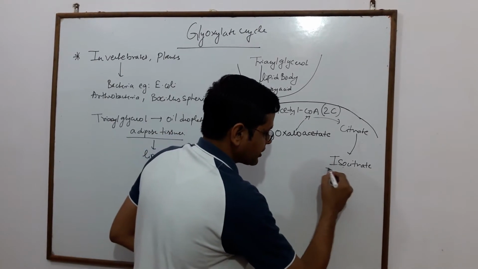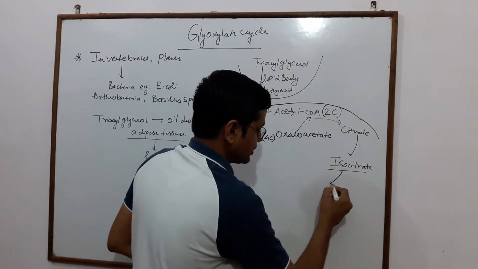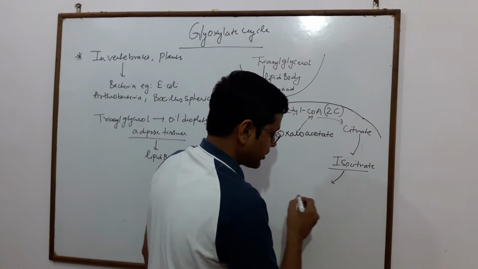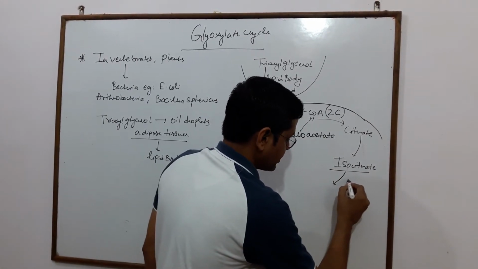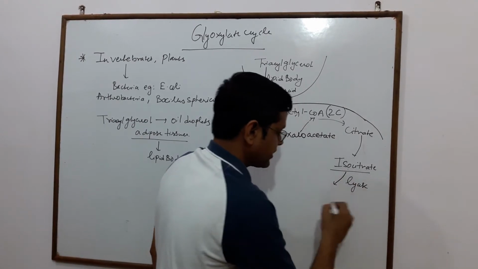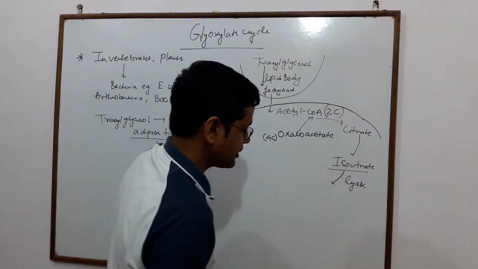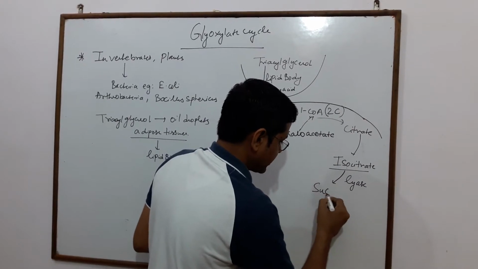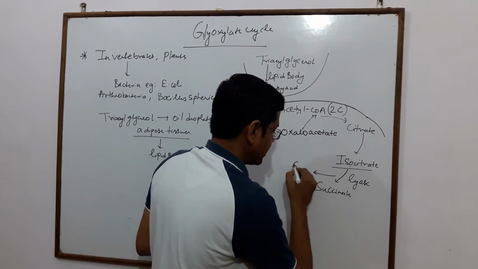This isocitrate generates new products in the presence of the enzyme isocitrate lyase, which cleaves isocitrate into two compounds. One is succinate and the other is glyoxylate.